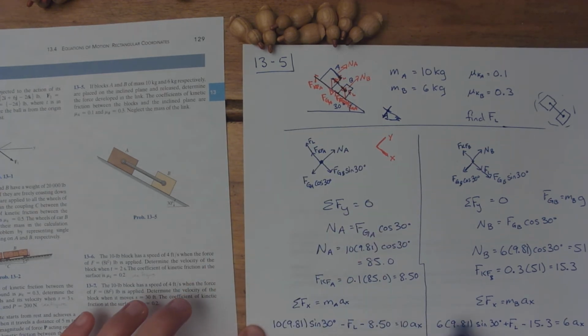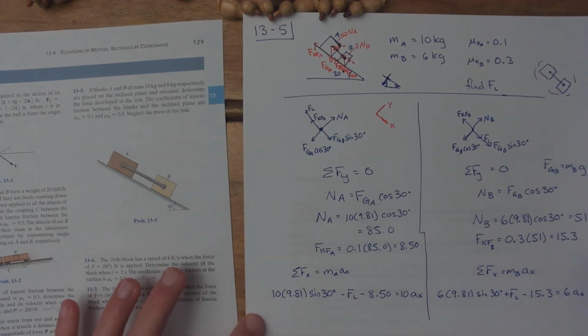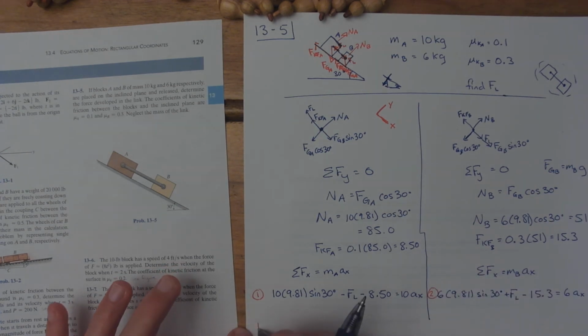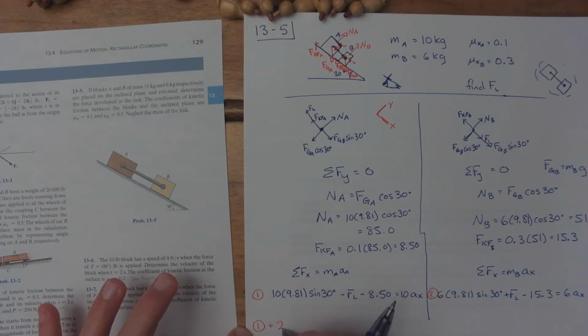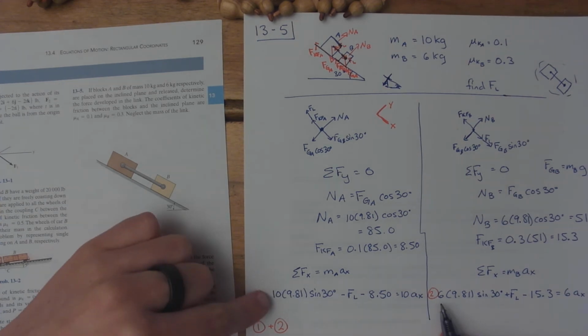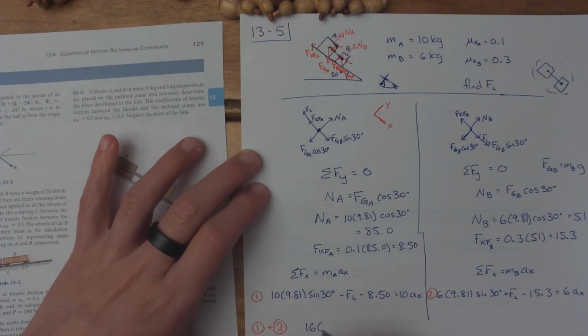Now I'm going to take these two equations and add them together. Let's call this equation 1, and we'll call this equation 2, and we're going to say equation 1 plus equation 2. So everything that's on the left-hand side of both equations, you can even combine the 10 and the 6 here and say that's 16 times 9.81 times sine of 30 degrees.